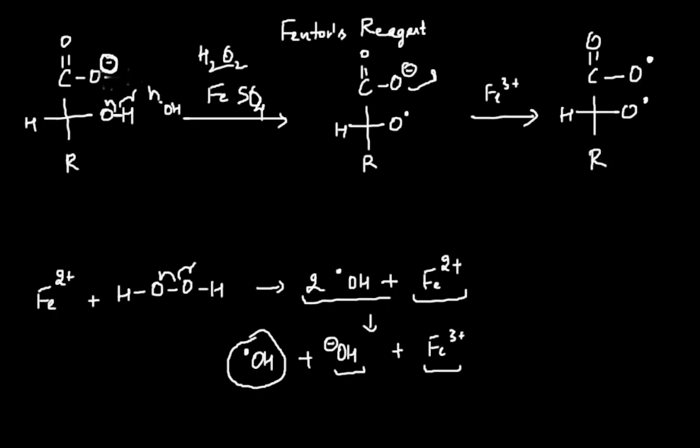So the next step is, this radical falls back, one of the electrons falls back here and this one falls back here. So what has happened is you get HC plus your carbon dioxide gas is eliminated.